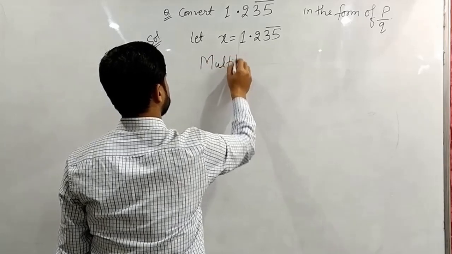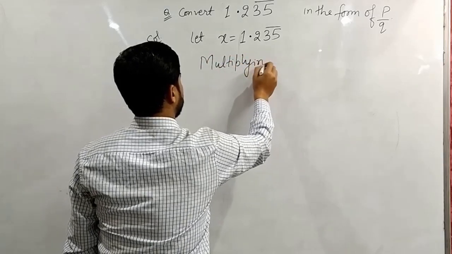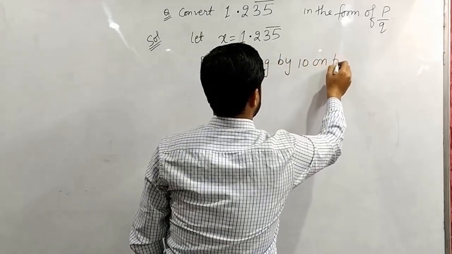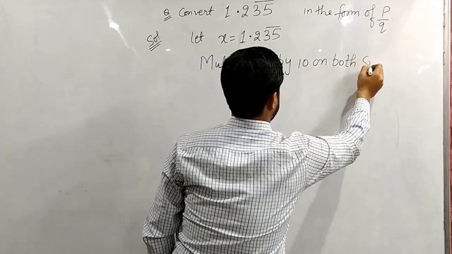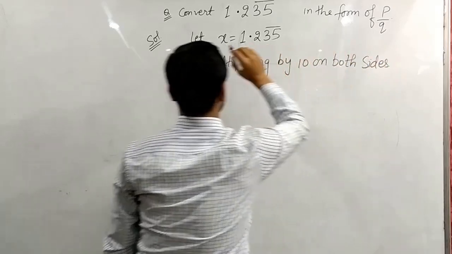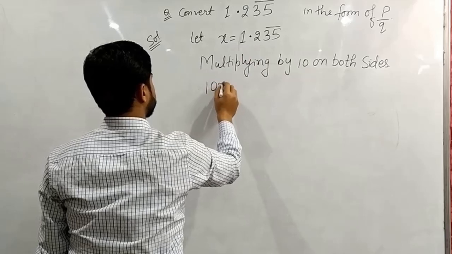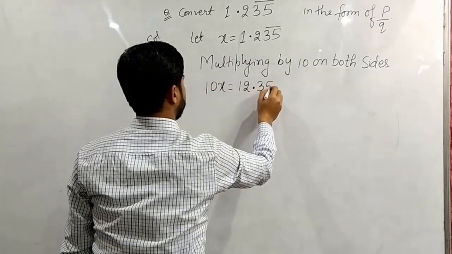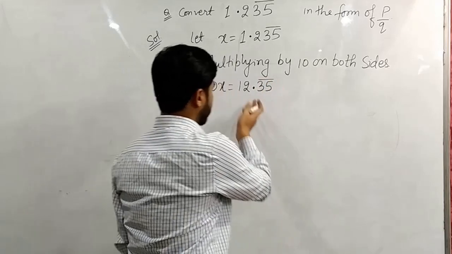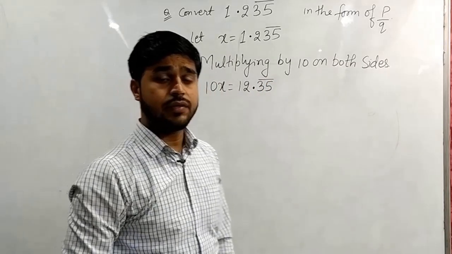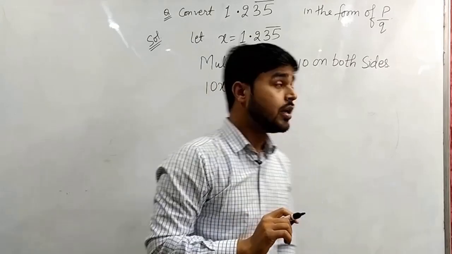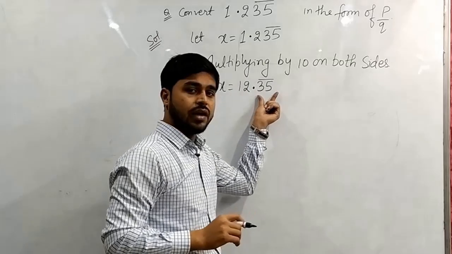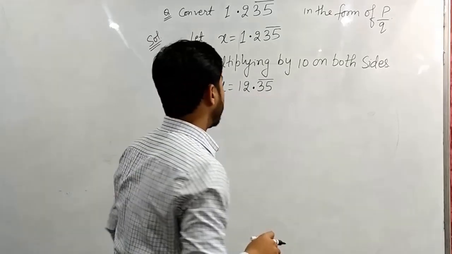Multiplying by 10 on both sides, it will become 10x equal to 12.35 with the bar on 35. As there is no digit left on the right side which is not repeating itself again and again, our next job is to shift this 3, 5 to the left side. And how will we do it?